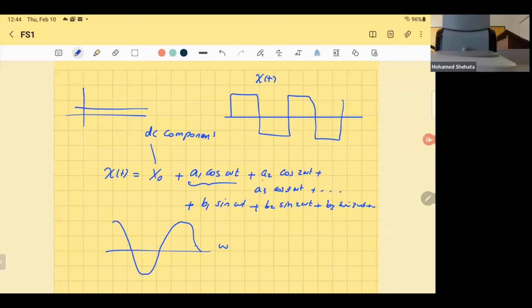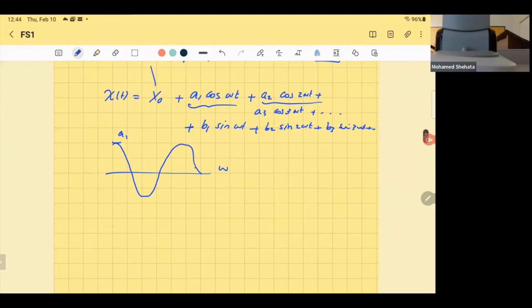And another component, A2. The amplitude of the first is A1, so the height is equal to A1. The second component is A2 cosine 2 omega t. You can have another cosine, but the frequency will be double the frequency that I just sketched here, and the amplitude will be A2. And you can continue.